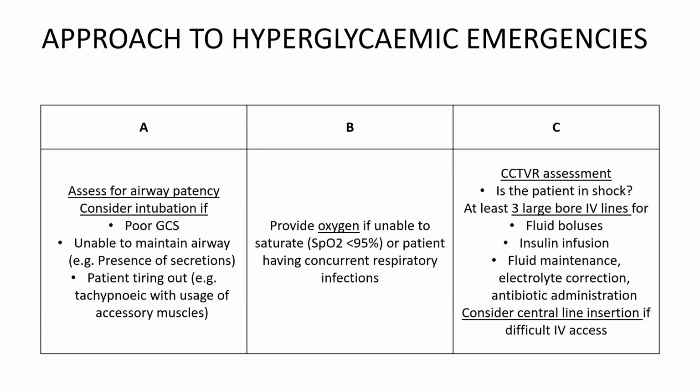So we move on to C. Definitely CCTVR assessment is important. We need to make sure whether the patient is in shock or not. And then insert 3 large bore IV lines for fluid boluses, insulin infusion, fluid maintenance, medication administration, and also electrolyte correction. So if there is difficult IV access, then we might consider a central line insertion.